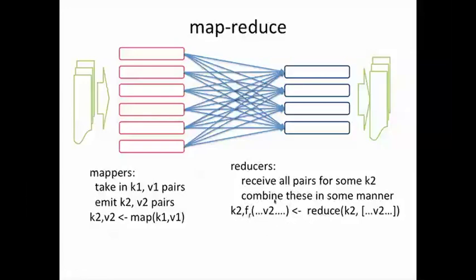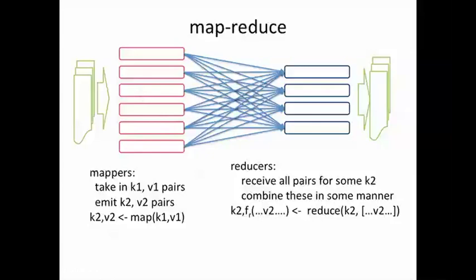In our word counting example, f sub r is just a summation across all the occurrences of a particular word in all the documents that we process. Some of you might have noticed that in our example we actually did some reduce work within the mappers, but we'll come to that point in a short while.